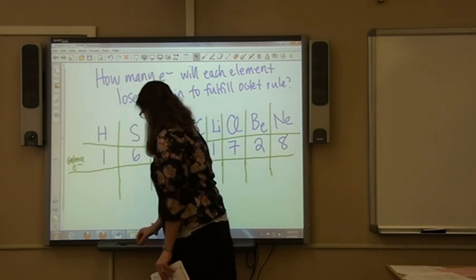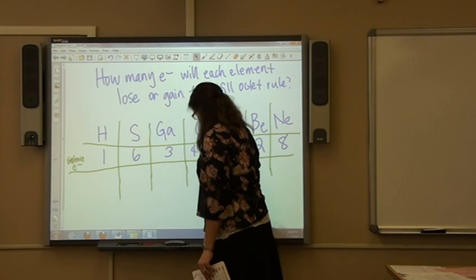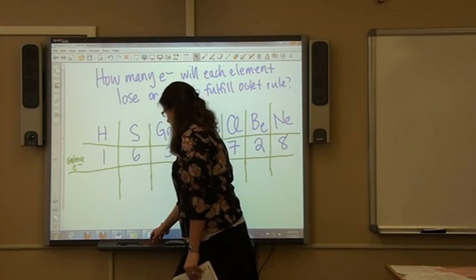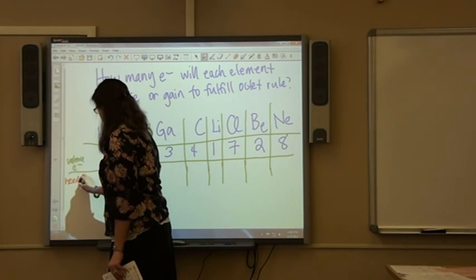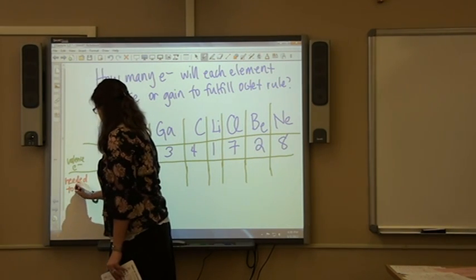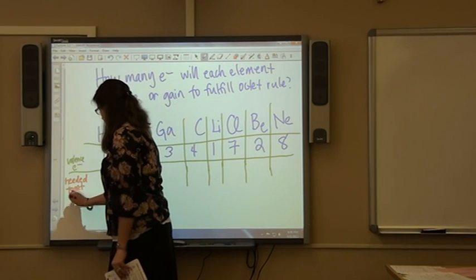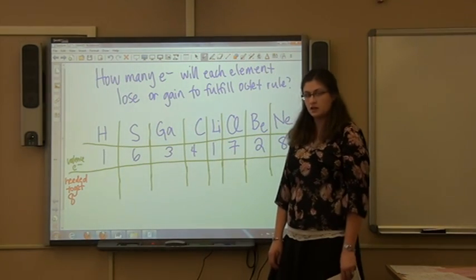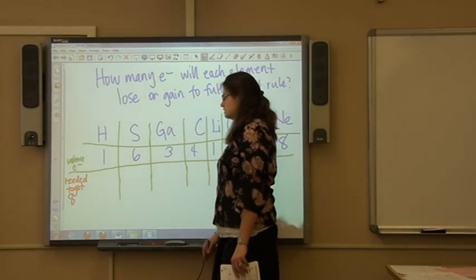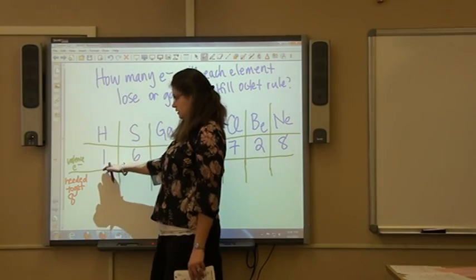So now, in the next part of our table, we're going to need to figure out how many electrons each element has to lose or gain to come to an 8. Now, in the case of hydrogen, it has only 1.